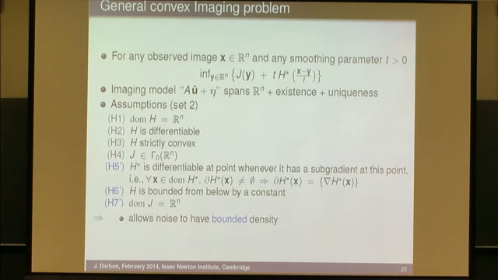Or you can do the opposite. If I assume that the noise of the perturbation is bounded, then I have to assume that the prior allows all possible images. So it's two scenarios. Either you assume that the original image lives in a subset of R^n, or you assume that the noise is bounded.